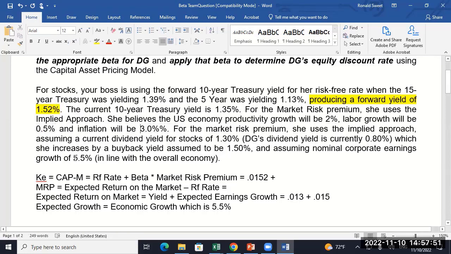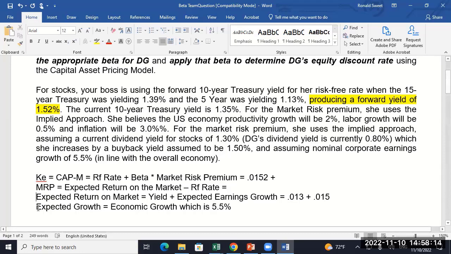That's 5.5, and she gives you the number right there. So be careful here. She believes U.S. economic growth and corporate earnings growth are the same. It's possible I may give you that she thinks the economy is going to grow at 5%, but I think corporations only grow at 5 or 5.5, or 6, whatever. So read it real carefully.